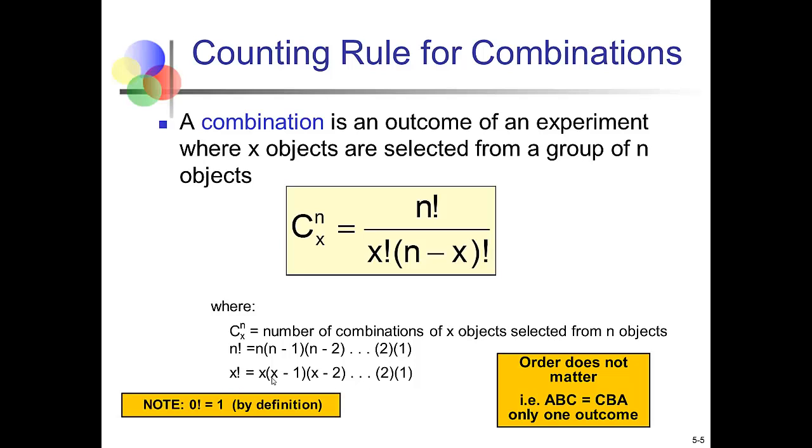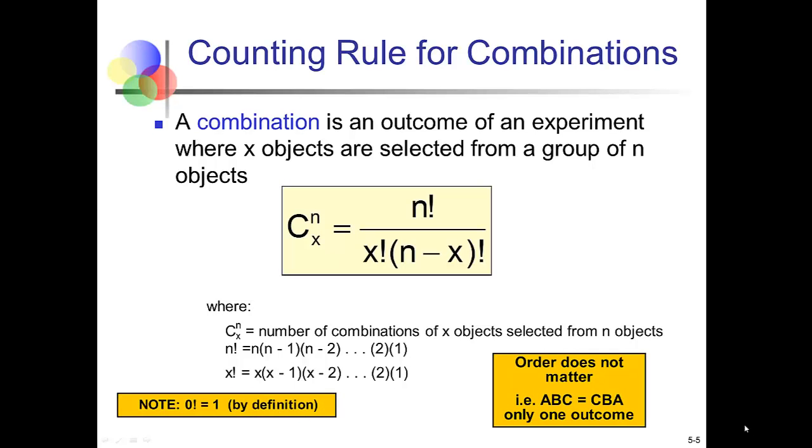Whatever x is, times the next number down and so on, till we get times 1. We do have a definition here with factorials: 0 factorial is considered 1. This is just by definition, so we take that idea as given. So this combination formula will calculate for us the number of ways that we're going to find x successes in our n trials when order doesn't matter.